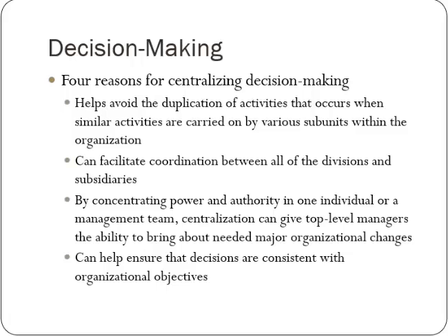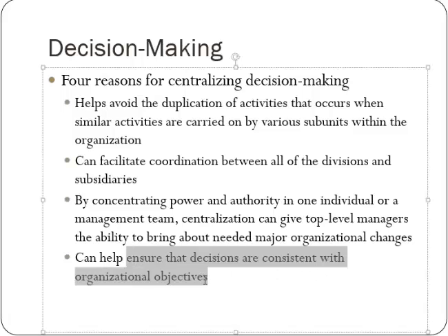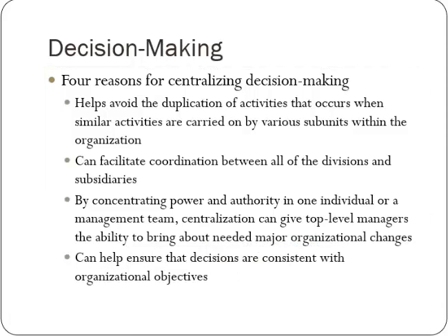In other words, you give people power to actually carry out their vision. And, of course, you can ensure that your decisions are consistent with the overall objectives of the organization. If you have too many people managing, it just doesn't work. As they say, too many cooks spoil the broth. That's the old expression. So that's, again, a good reason for centralized decision-making.